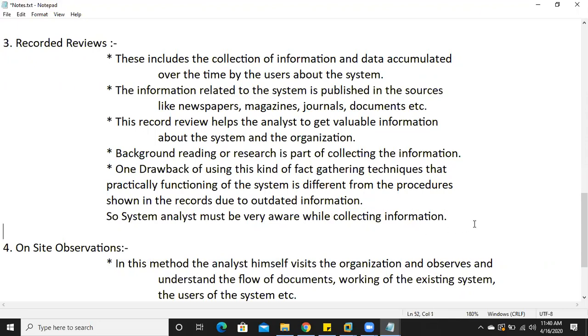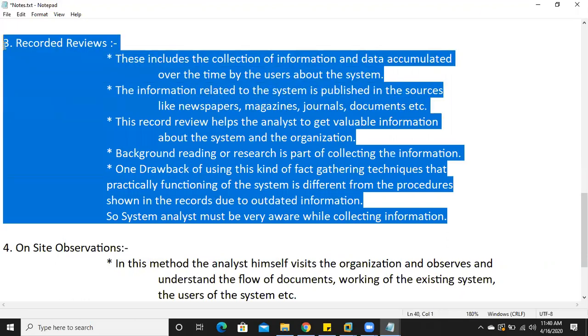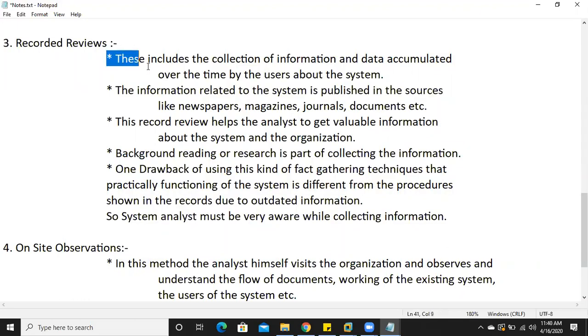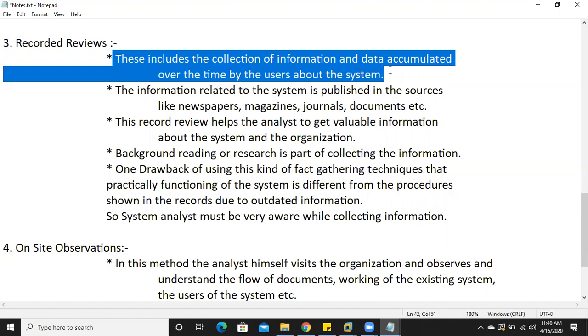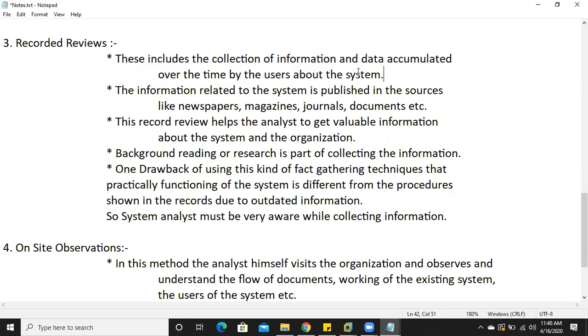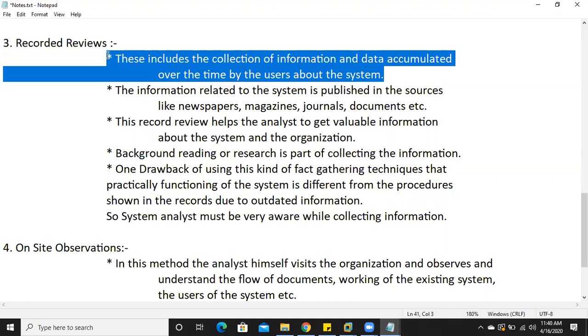So this is all about the recorded reviews. If I conclude this point, in this type of review we collect information from newspapers, magazines, journals, documents, etc. Or we can say we take surveys already collected by other users.